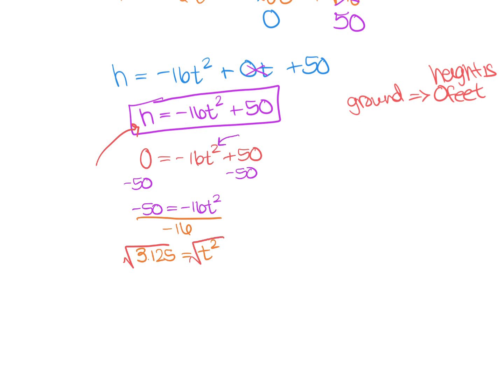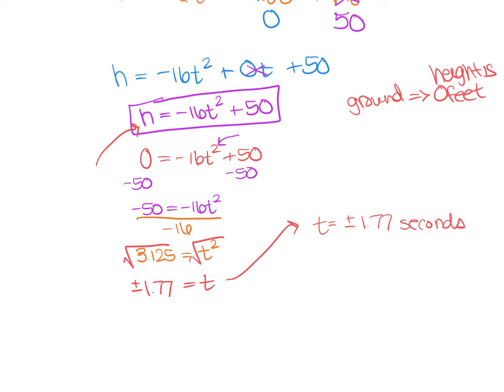If I square root 3.125, I'm not going to worry about simplifying the square root because it's already a decimal. Here we have t is equal to, and remember when we square root a squared, we have plus or minus, and then I'm going to round this to 2 decimal places, or to the nearest hundredth. So I have 1.77 seconds. So that's my answer, the time is going to be plus or minus 1.77 seconds.